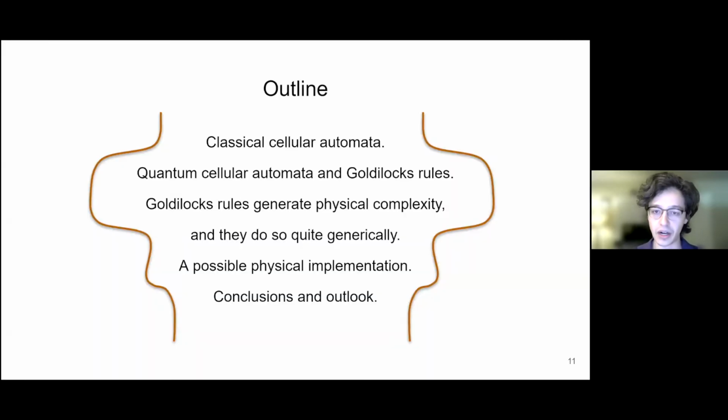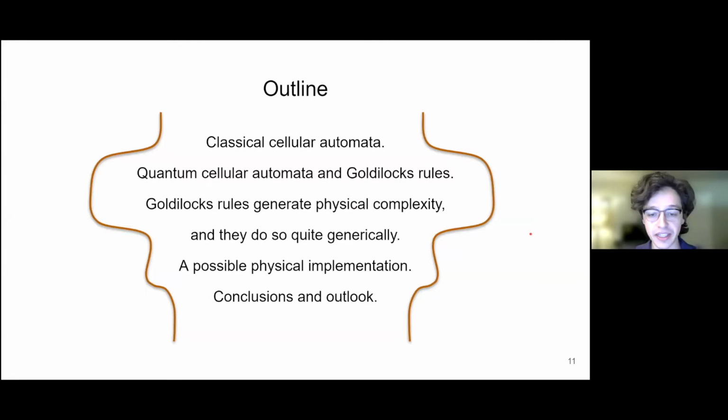Our roadmap to getting to that answer will start with the classical cellular automata. Those are classical computing structures that are known to produce this type of complexity despite their simplicity. I will then show how to generalize these models to the quantum cellular automata, and how certain quantum cellular automata rules called the Goldilocks rules balance a trade-off and in fact generate physical complexity.